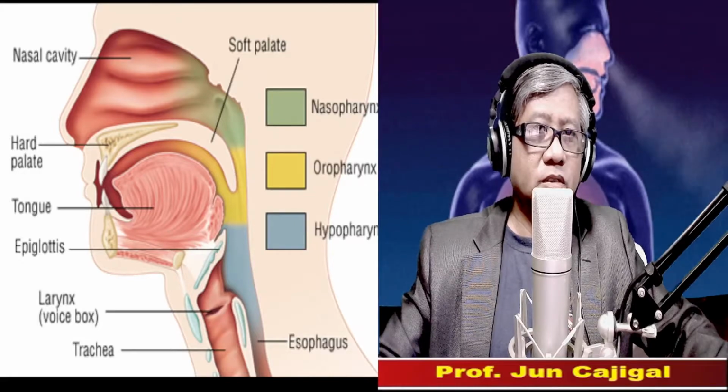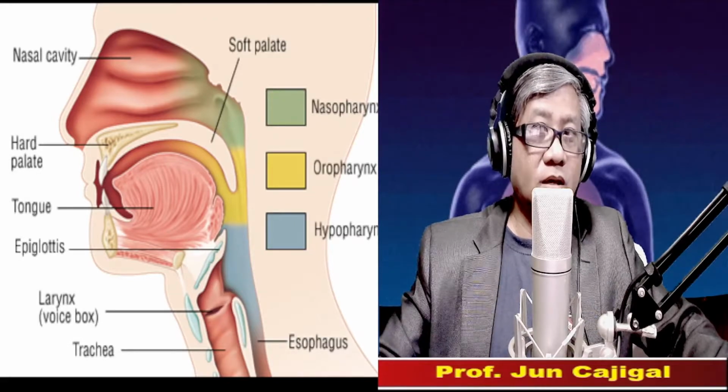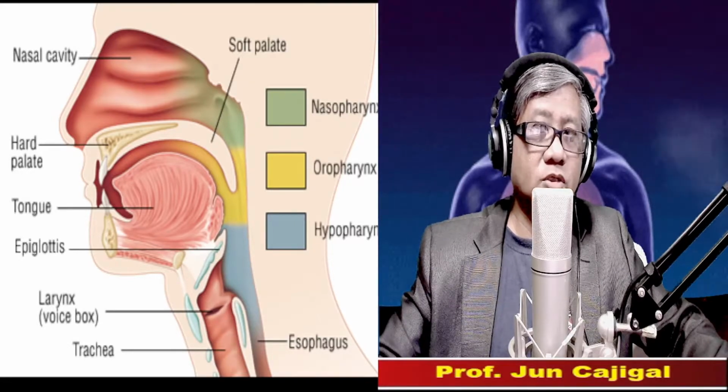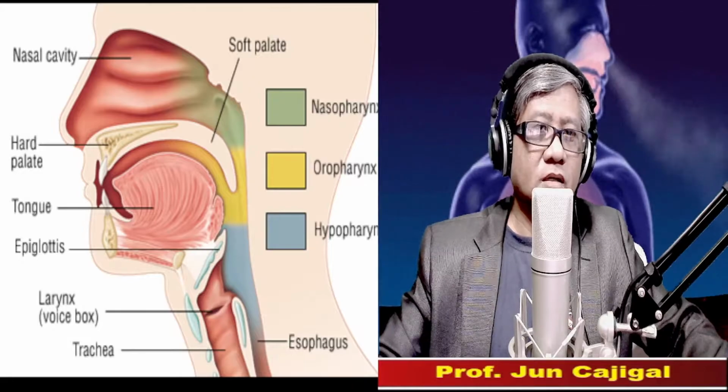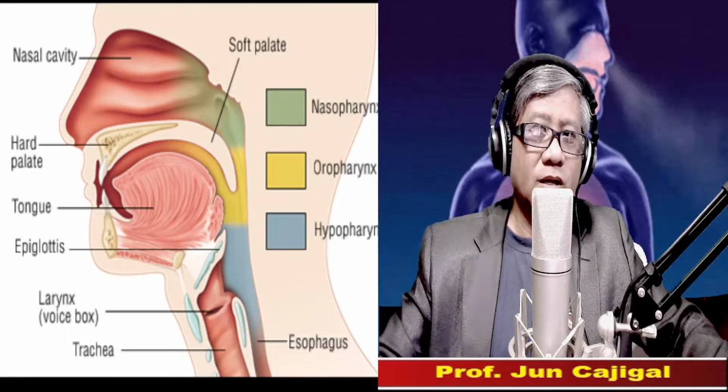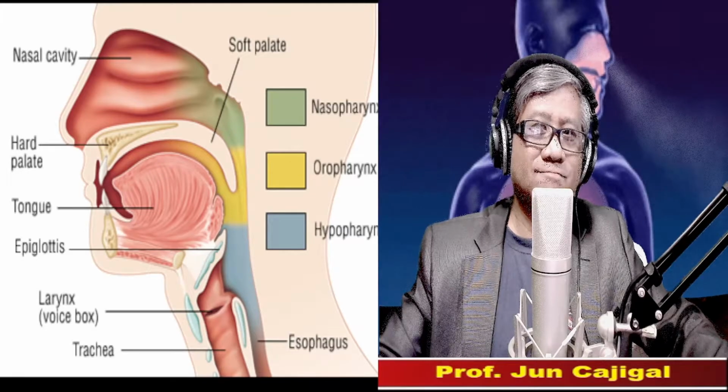The yellow is the oropharynx just behind the mouth. And the blue is the hypopharynx or the laryngopharynx, which is near the larynx and the esophagus. Those are the locations of the nasopharynx, the oropharynx, and the hypopharynx or laryngopharynx.